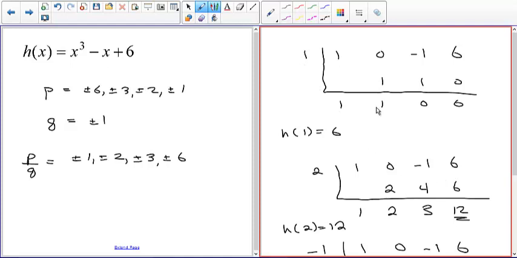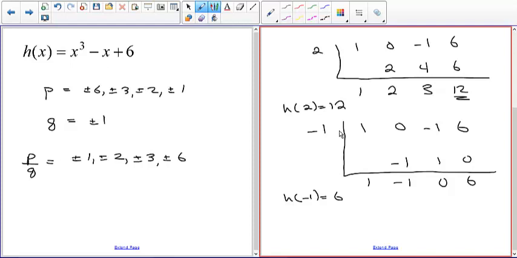1 times 1, 0, 1, 0. Okay, makes sense. Negative 1. What does negative 1? Negative 1 times 1 is, yeah. Well, that seemed to work.